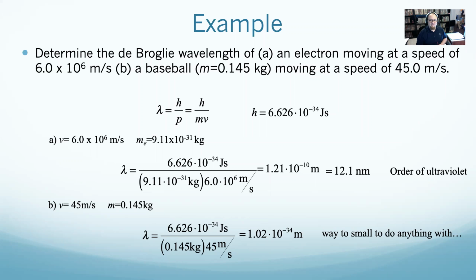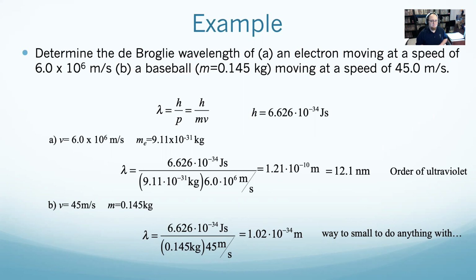Keep in mind, I said this is in the form of ultraviolet. This is less energy, a longer wavelength than the X-rays we just talked about. This is at the very edge of visible.